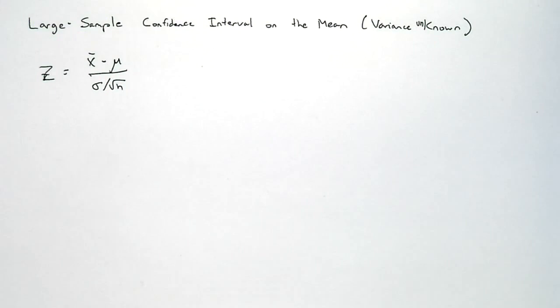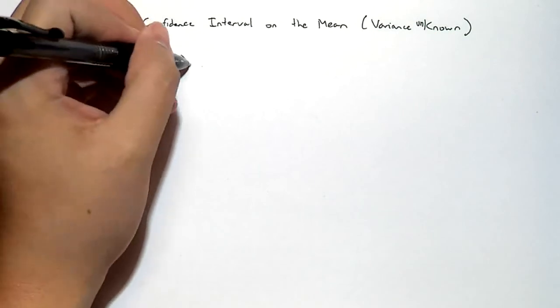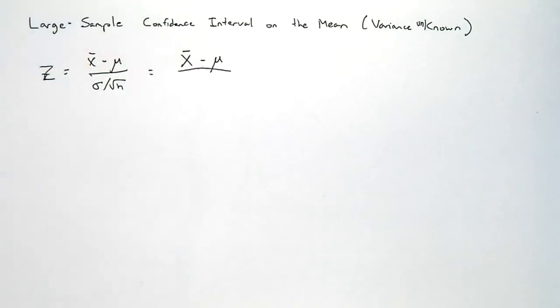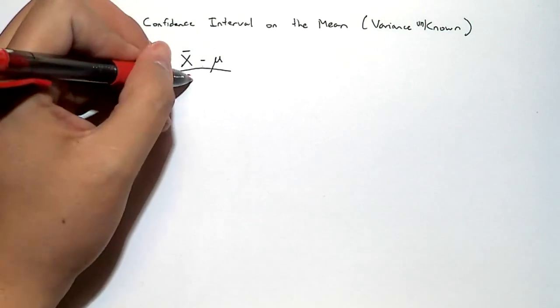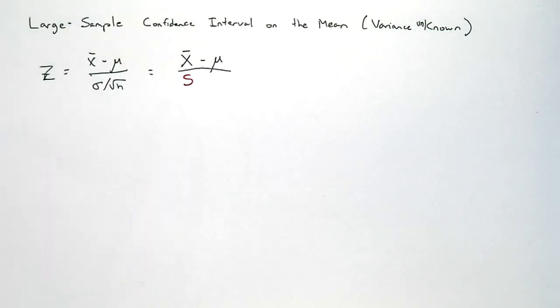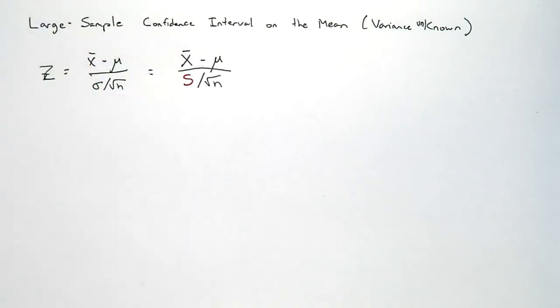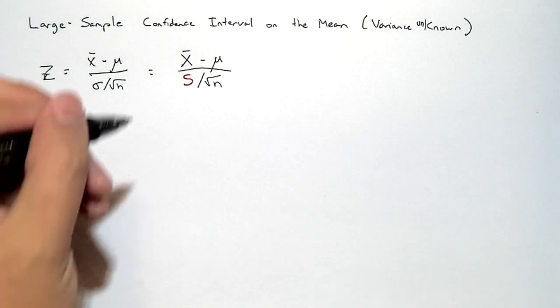Now what that means is that if you have a very, very large sample, then you could, in theory, replace your variance with your sample variance. Because even though they're not going to be exactly the same, the difference is going to be so small for large sample sizes, so small that your z value is not going to change that much.